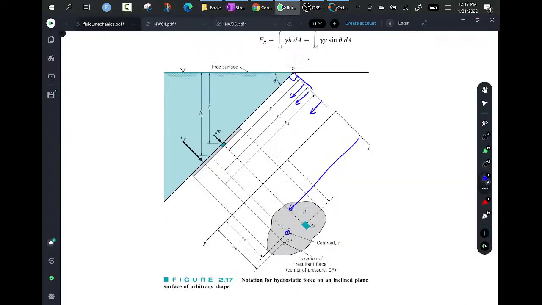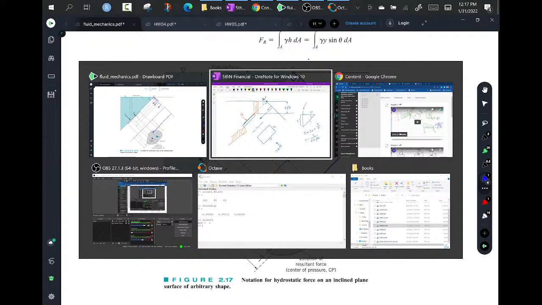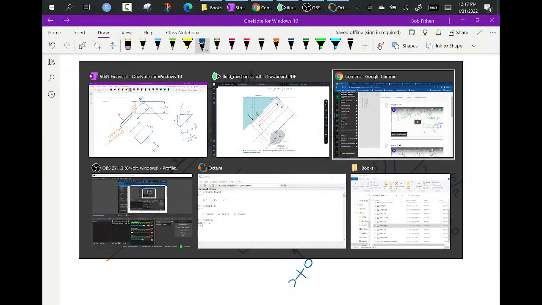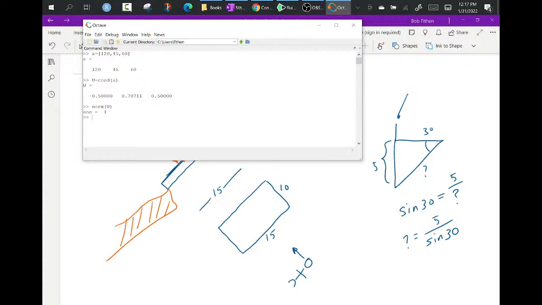So what we're eventually going to try to do here is work this problem two ways. One that's a traditional way and one that's using this set of equations. And if I can get through that in one class period, that will probably be enough to take us into the next class period.